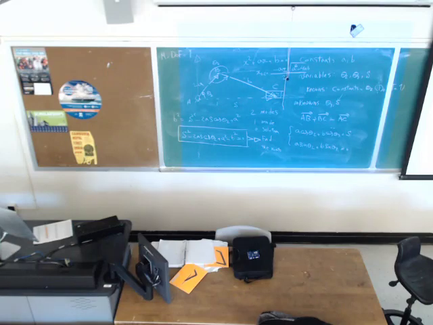Cosine of theta 3 would be S minus A cosine of theta 2, divided by B. Second equation, sine of theta 3 is negative A sine of theta 2 divided by B. After you find S, you plug in here, A is given, theta 2 is given, B is given. So cosine of theta 3 is given.